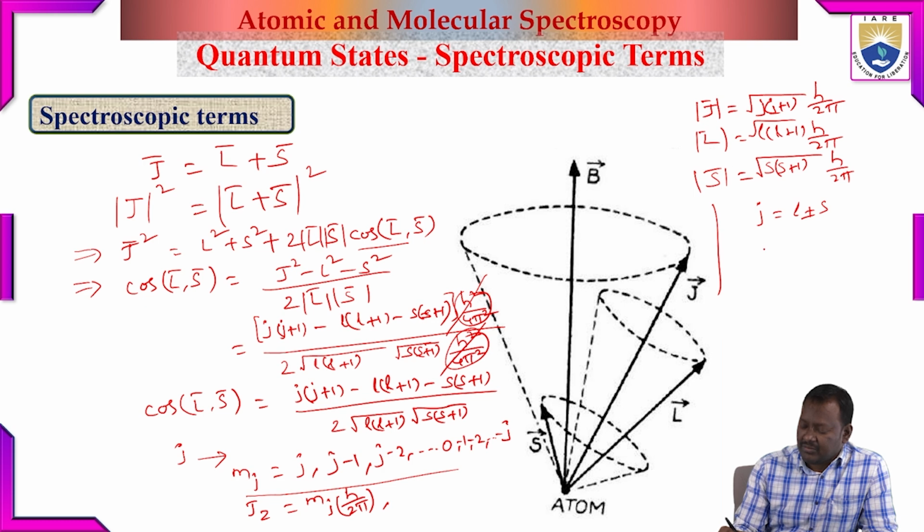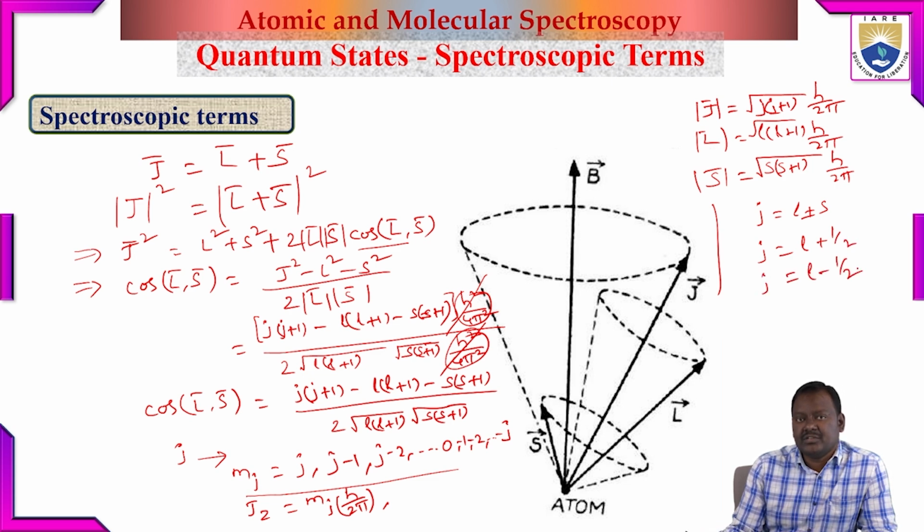So J must be equal to L plus 1/2 and J equal to L minus 1/2. So there could be two possible values for J for any L value. It depends on the orbital angular quantum number, the L value.